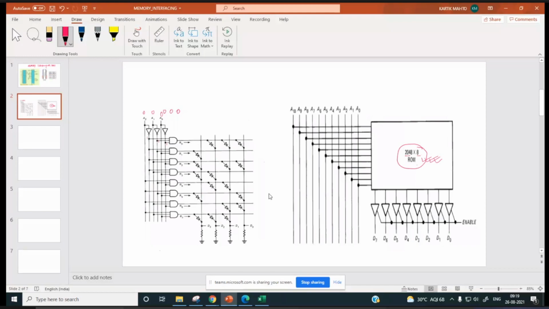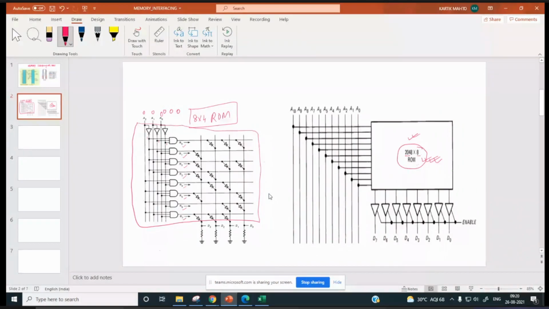The earlier one was an 8 into 4 ROM, an example of 8 into 4 ROM. This chip is a 2048 into 8 ROM. It means what? We will similarly have R0, R1, R2, R3, R4, R5, R6, R7.